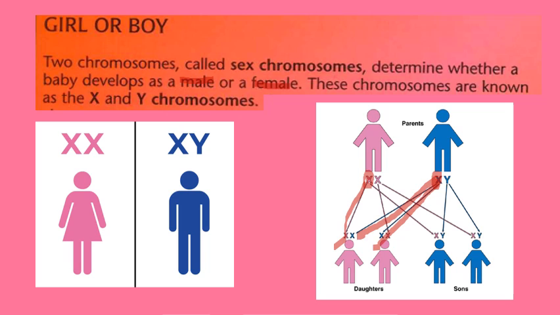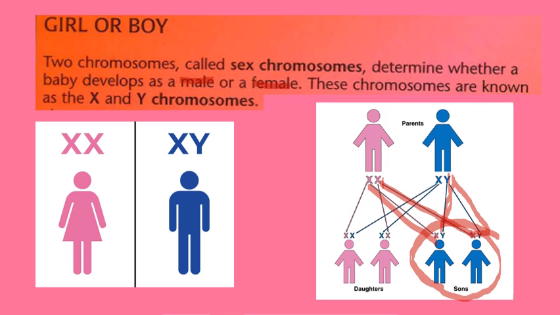Yay. And if your mom's second X and your dad's first X come together, it's also a girl. But if either of your mom's two X's come together with your dad's Y, then you have a little baby brother. I want a baby brother now.